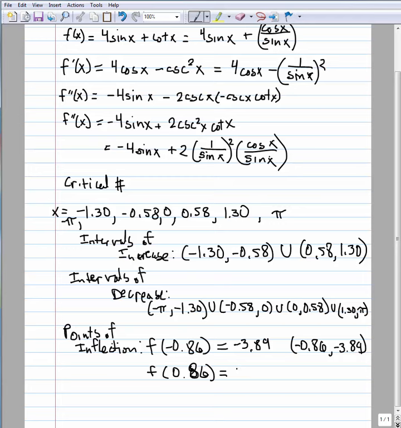For the sake of time, it's the same value here, but you do it the same way. So it would be positive 0.86 and 3.89.